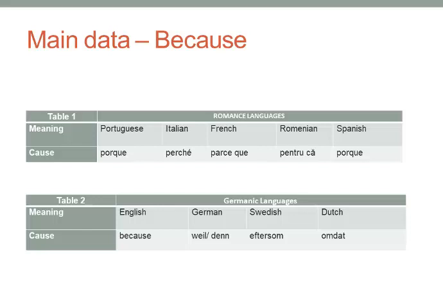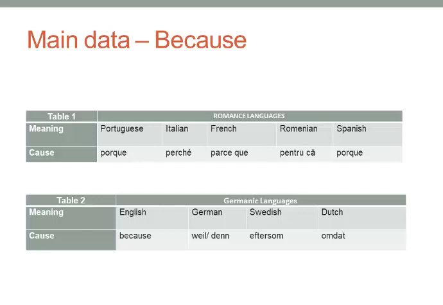We have on table 1 the Romance languages, which have the following word. In Portuguese it is porque, Italian perché, French parce que, Romanian pentru că, Spanish porque. For this matter, we are going to analyze just 3 of these languages, Portuguese, Italian, and French, and how they work differently.